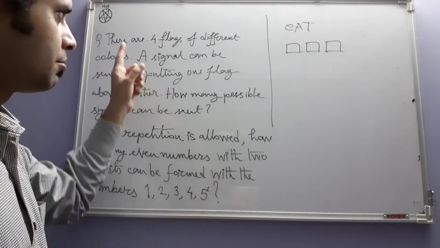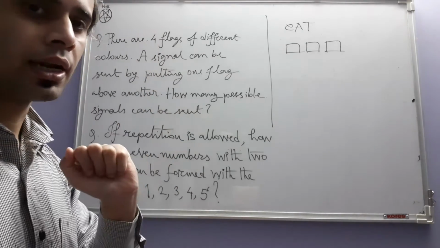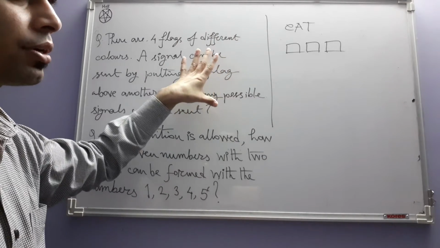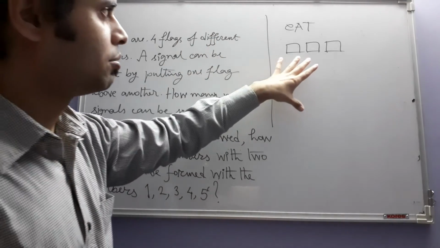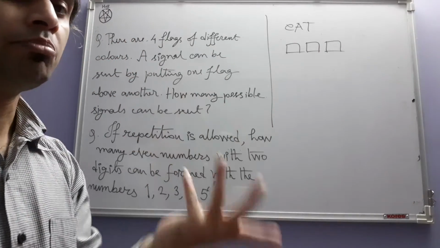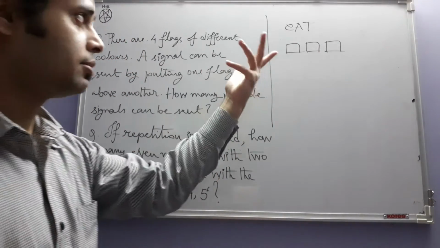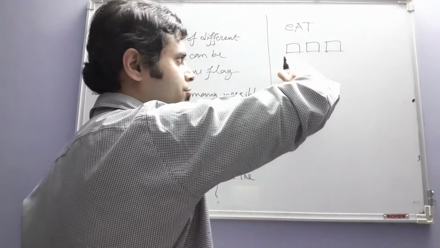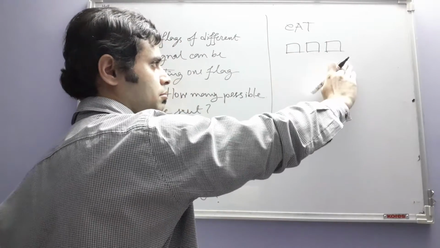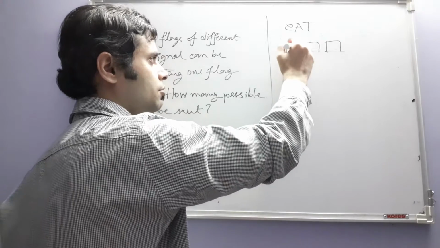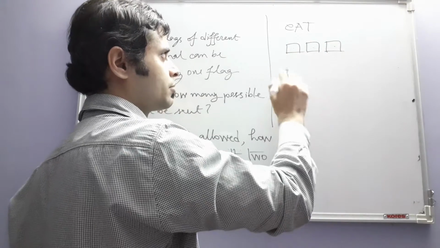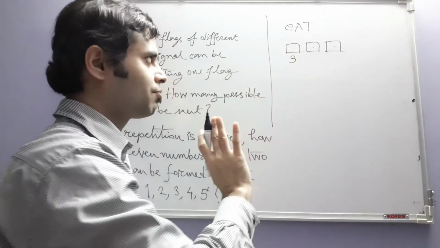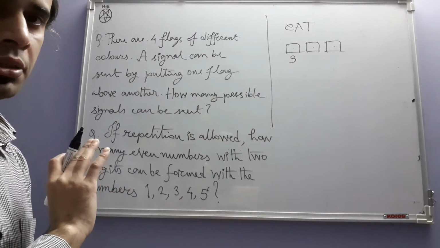Previously, repetition was not allowed. We did not bring this point out at that time because we were starting. But now, if I can repeat a word, I can repeat a letter. First of all, before you apply the principle of counting, you look at these boxes. Previously we had three choices for the first box. Now also we have three choices.